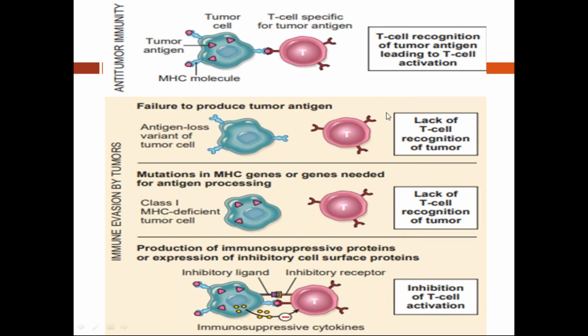The causes are when the tumor cells don't express any antigens on the cell surface. That can be the cause: failure to produce tumor antigens. Some of the tumor cells are like that. And when the MHC gene is mutated, there is no MHC class 1 receptor on the cell surface of the tumor cell.